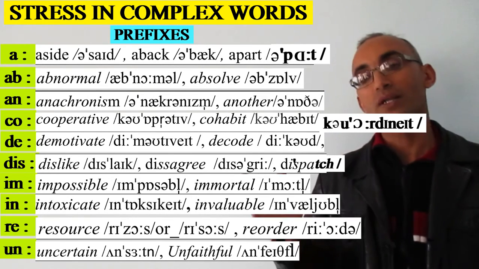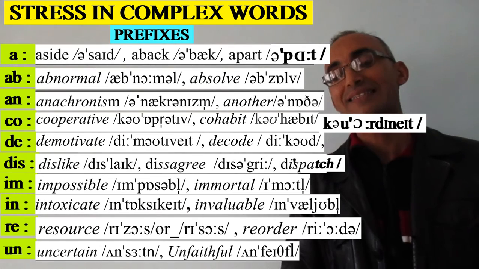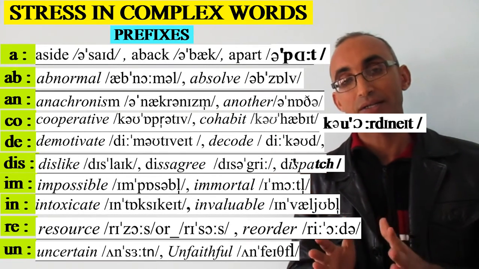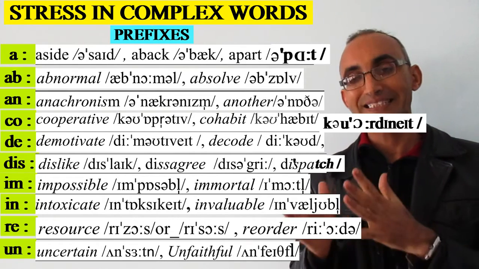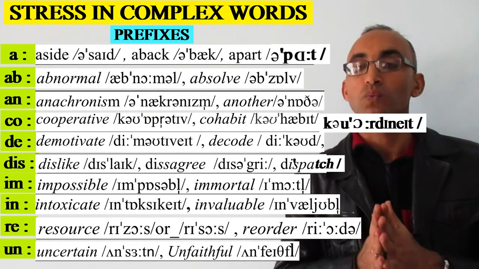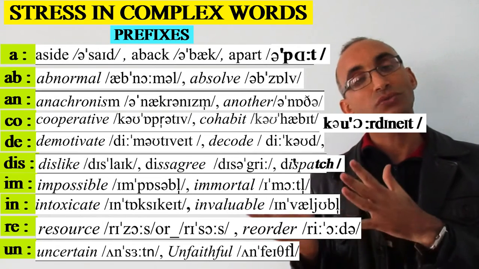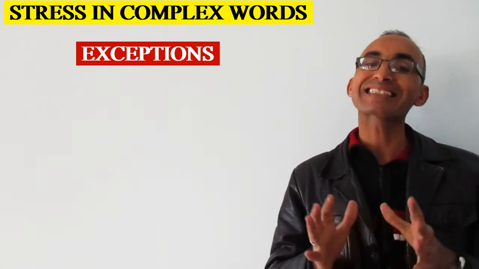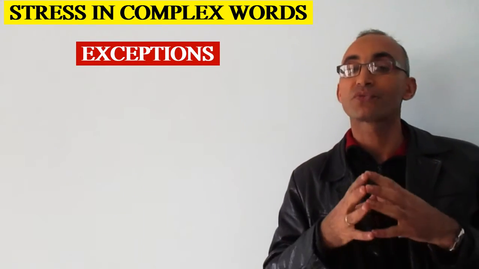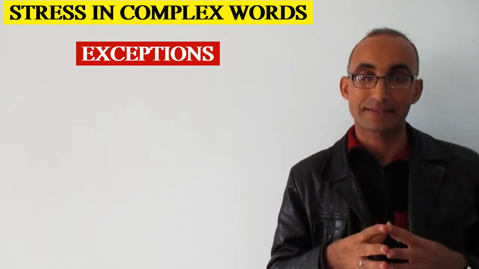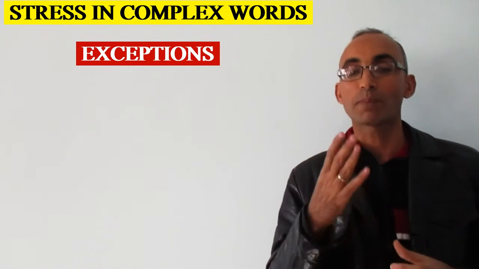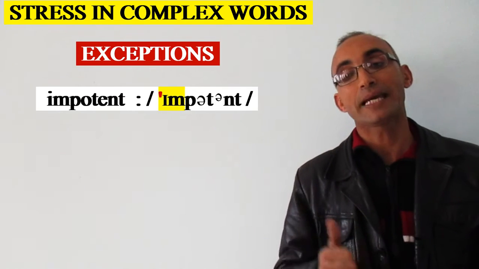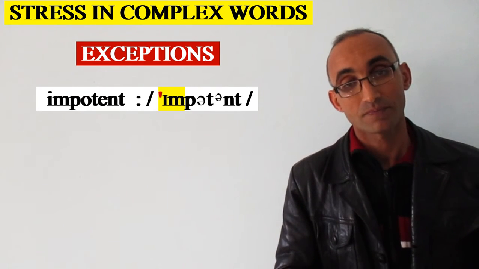Now, as you see here, all these prefixes are neutral, and they have no effect on stress placement within these complex words, and they themselves don't receive any stress. But there are some exceptions in which the prefix receives stress. For example, I have the word important. So the prefix im is stressed.